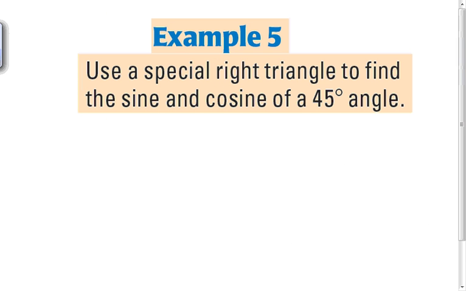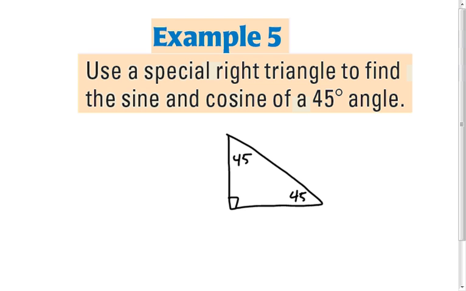One more, going to throw in another special right triangle. Find the sine and cosine of a 45-degree angle. Again, boom, boom, boom. 45, 45, 90, 1, 1, radical 2. Love special triangles. The sine of 45 equals the cosine of 45.